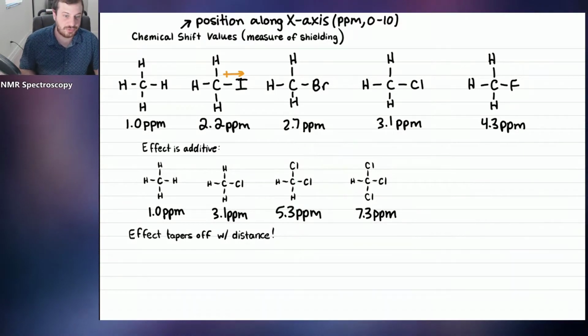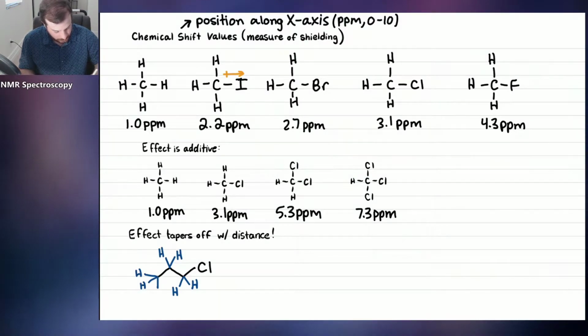Now it's interesting to note that the effect tapers off with distance. So let's take a look at this compound here. This is propyl chloride, and let's just draw in all the implicit hydrogens here. And as you get further away from the chlorine, the inductive effect becomes less and less strong.